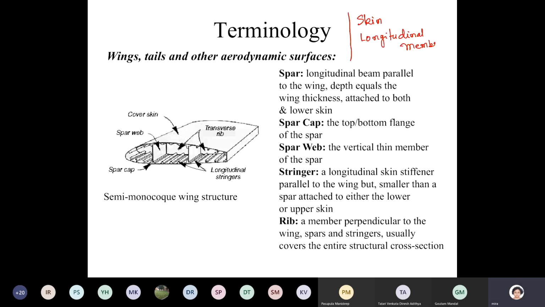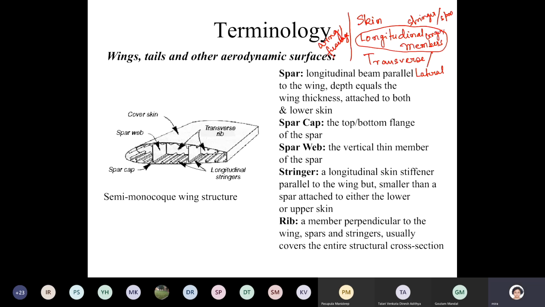Be it a fuselage, wing, or any other aerodynamic surface, all this structure has these three components. The longitudinal members can be of various types: stringers, spars, and longerons.